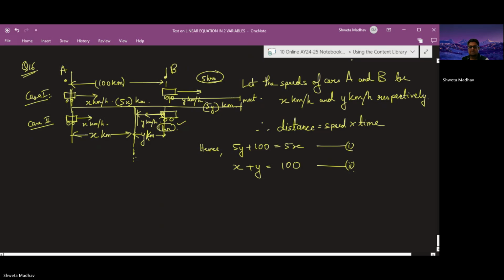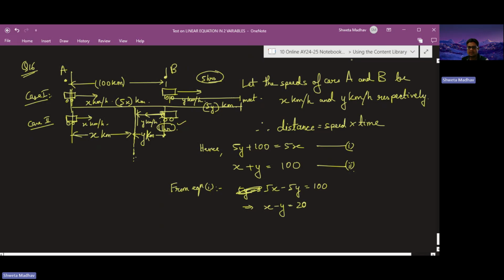Now if we simplify equation 1, then we will get 5y minus 5x, or I can say 5x minus 5y, equal to 100. If we divide both sides by 5, then we will get x minus y is equal to 100 by 5, that is 20.